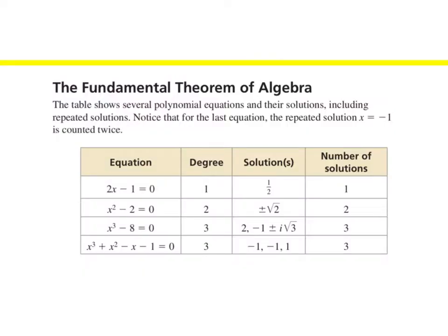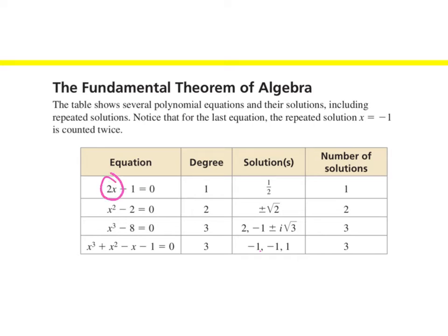Okay, so the fundamental theorem of algebra says that the highest degree of the polynomial in our equation gives us the number of solutions we have, which I said like at least 8 times before the last quiz, so we should all know this.